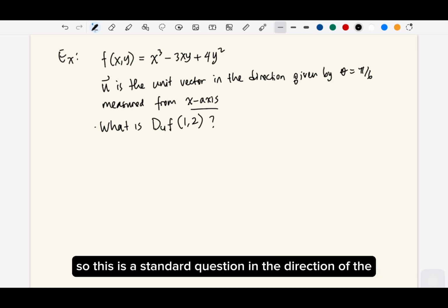So this is a standard question in the directional derivative.